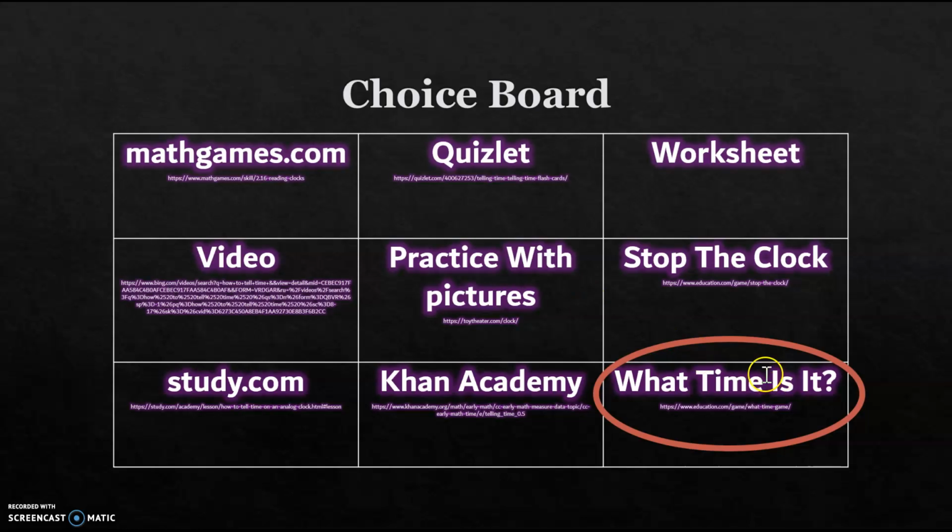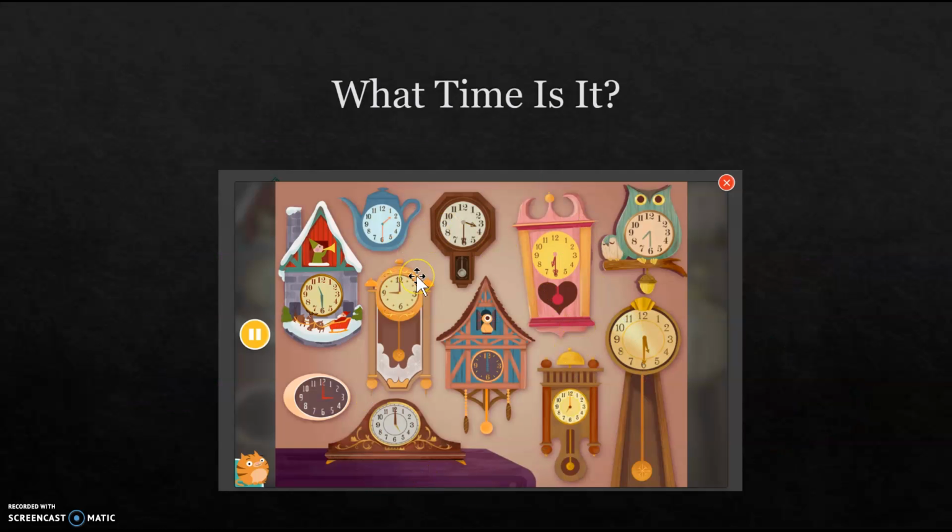Finally, we have the What Time Is It game, which is just a game where students get an audio clip asking for a specific time, and then they have to pick out the clock that has that time on it. If they're right, then this little cat will say, good job. And if they're wrong, then they get the opportunity to try again or ask the little cat for help.